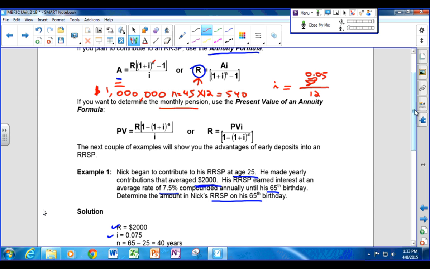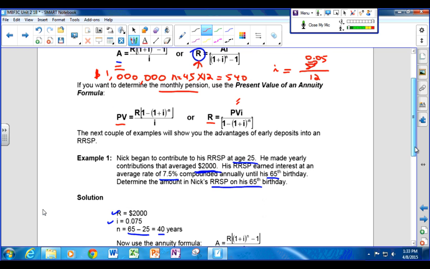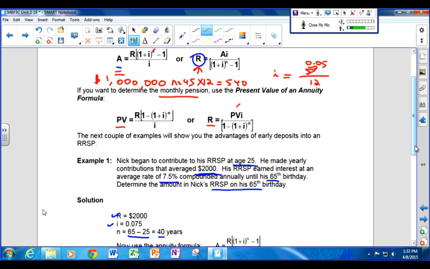Okay, and that's where you use these, either PV or R. R would be how much you can take out, for a given pension amount, like a given retirement amount, at a given interest rate. Remember, interest rates change over time, but you can sort of guess. 5% is good.